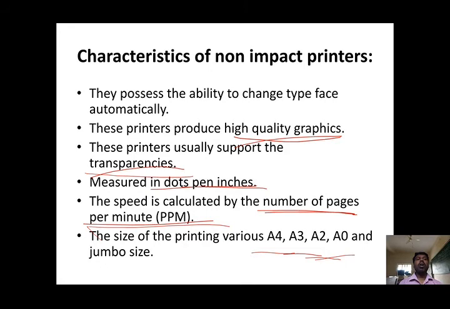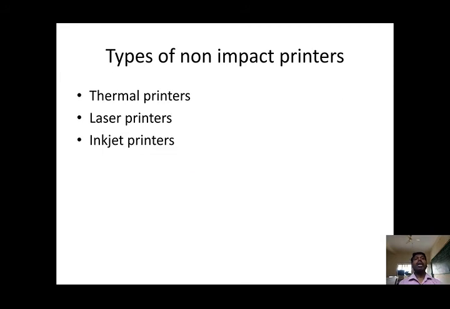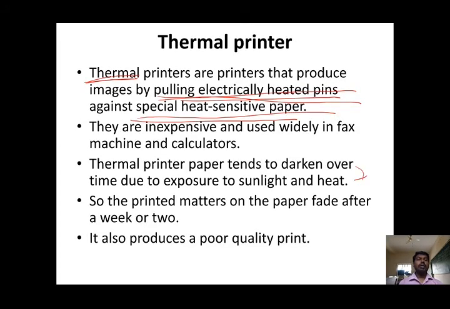It is measured in dots per inch. Next, the speed is calculated by number of pages per minute, which means ppm, and the size of printing varies: A4, A3, A2, A0 like this, but in impact printer it is not like that. There are three types of non-impact printers: thermal printer, laser printer, inkjet printer. In thermal printer, we know that thermal means heat.